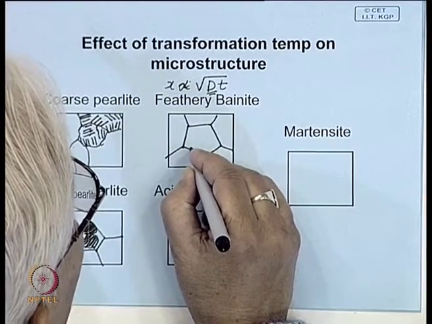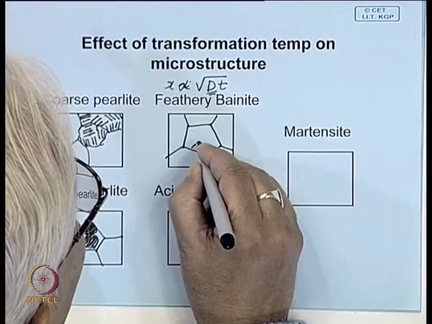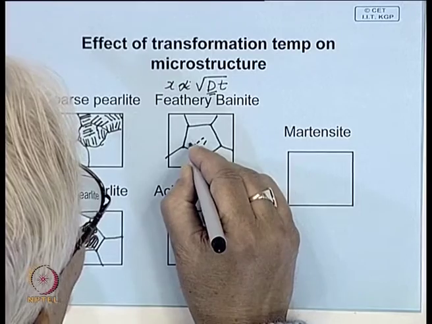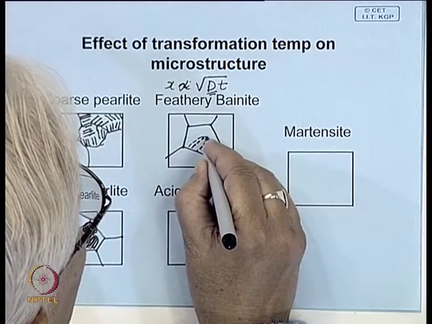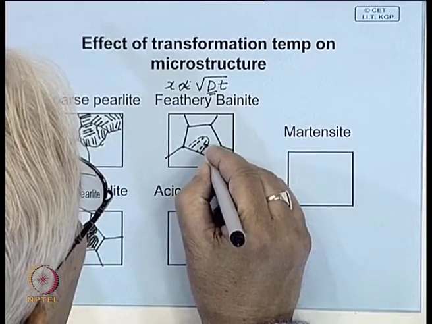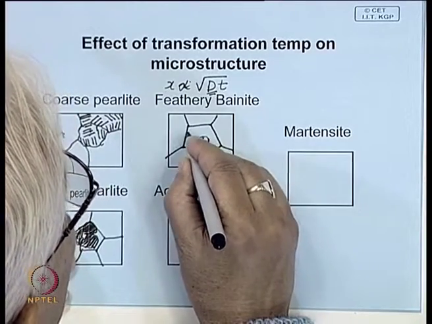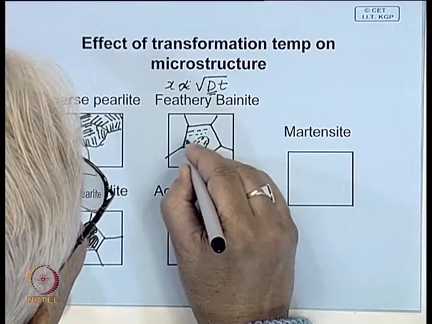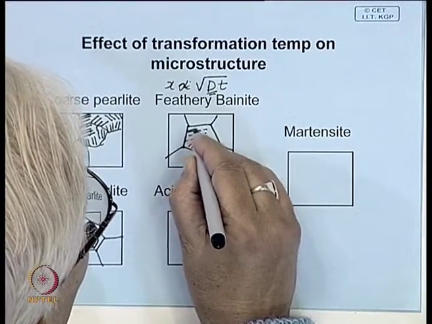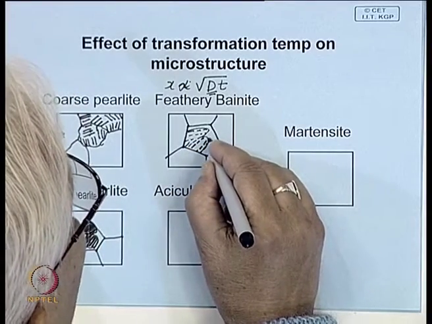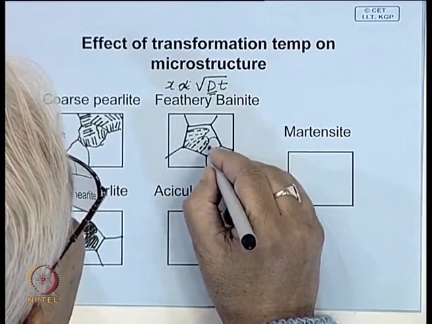So, you have this cementite, these are broken like this. Say this is a ferrite grain and these are broken carbides that you will get in that ferrite grain.